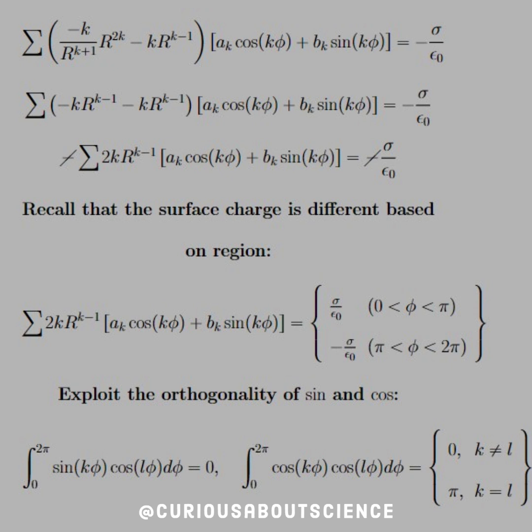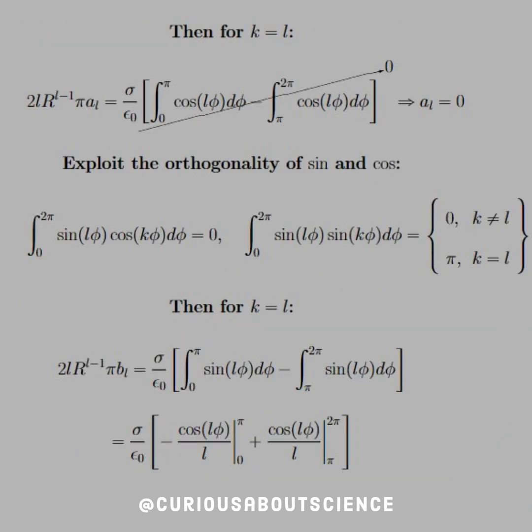Sine and cosine are orthogonal, so that goes to 0 on this domain, and cosine yields 0 or pi when k equals L or doesn't equal L. Then for k equal L, the charge distribution on the right-hand side needs to be evaluated piecewise for the plus or minus, and we see that the cosines simply cancel to 0. This leaves us with A_L equal to 0. That's convenient.